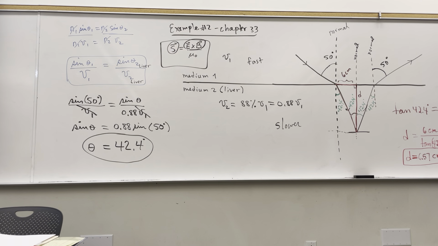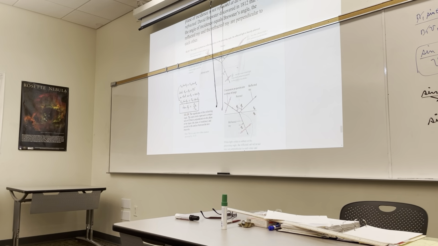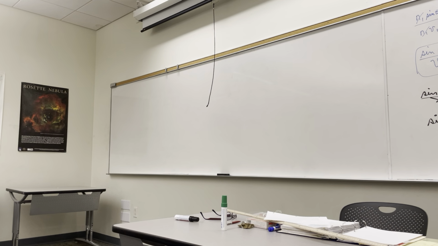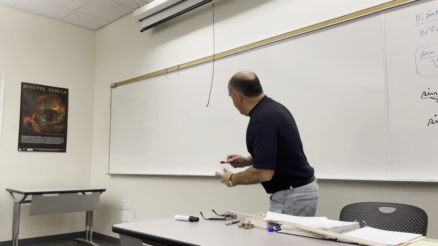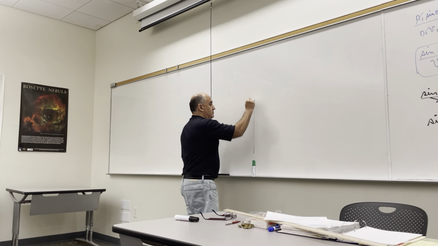So suppose the wave comes in like this. You have this plane of incidence, right? And then what if this electric field is pointing this way? Let's say the plane of incidence is the board. So that's the plane of incidence. Then this is the boundary over here, so that's the normal. So the normal is like that.